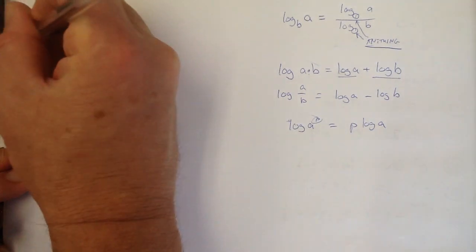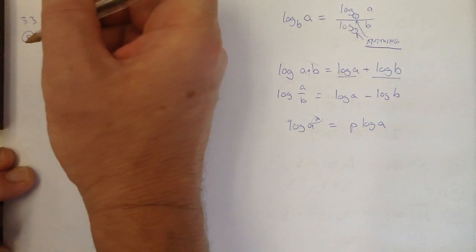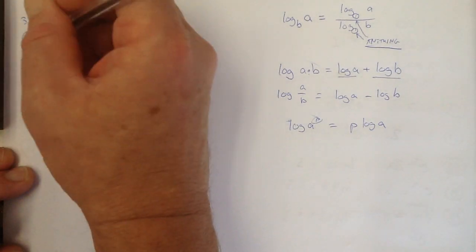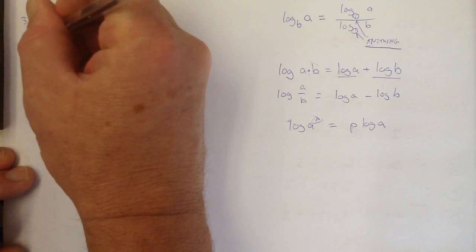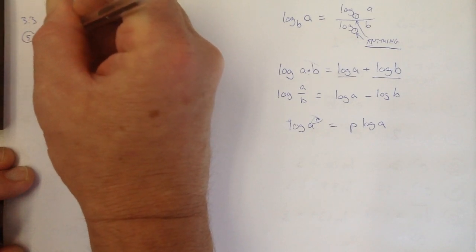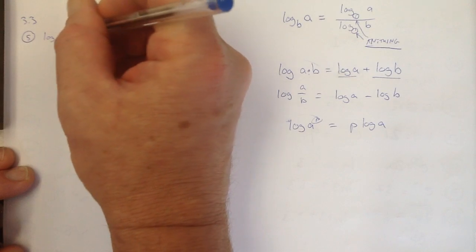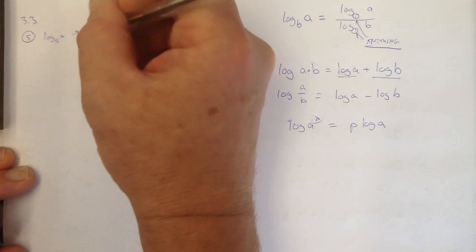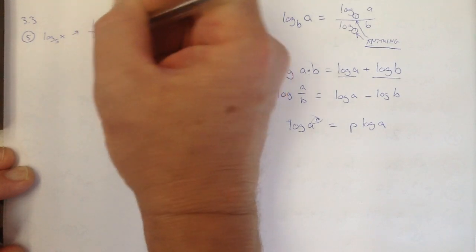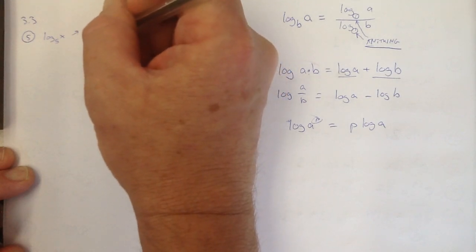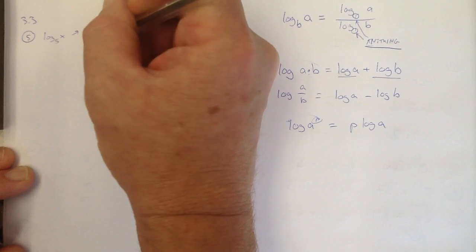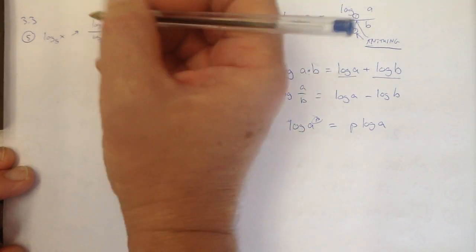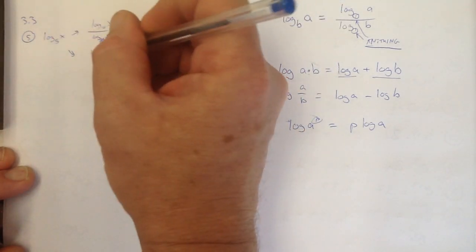For numbers 5 through 11, we're using the change of base rule to rewrite log base 5 of x as log of x over log of 5, changing it to base 10, or you can do natural log.